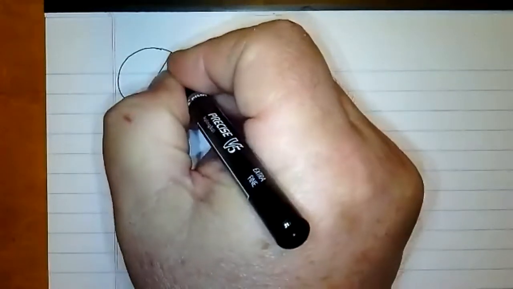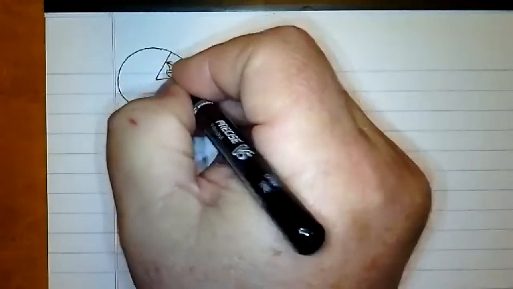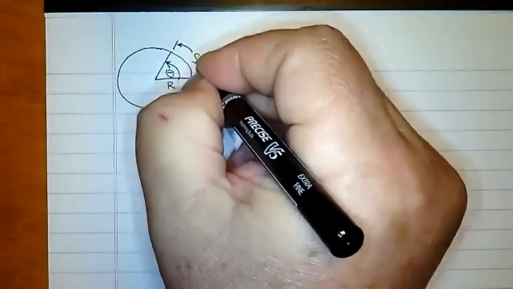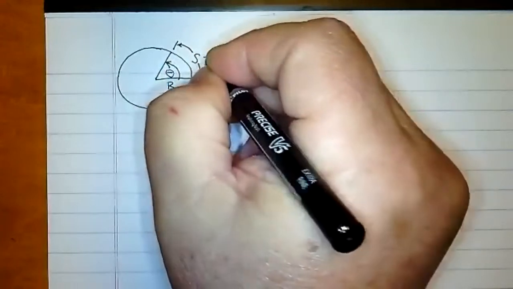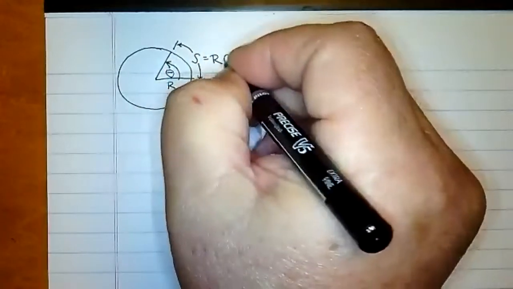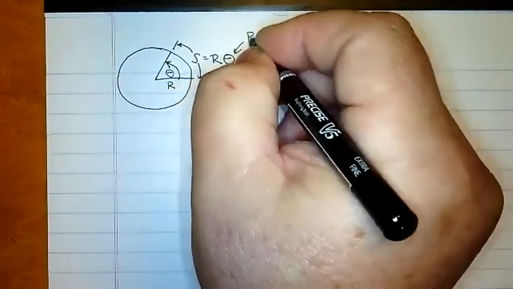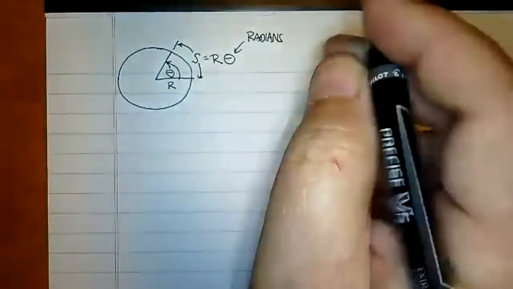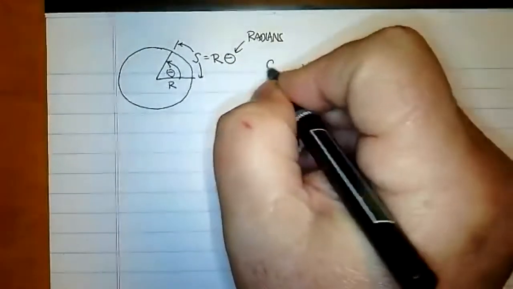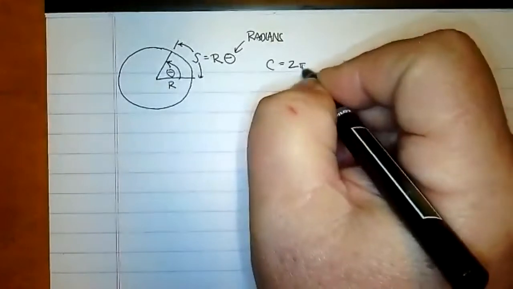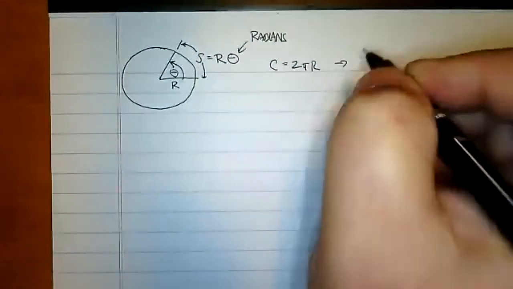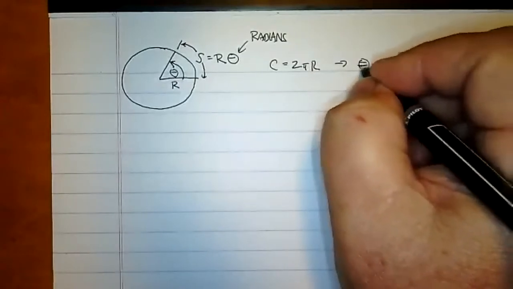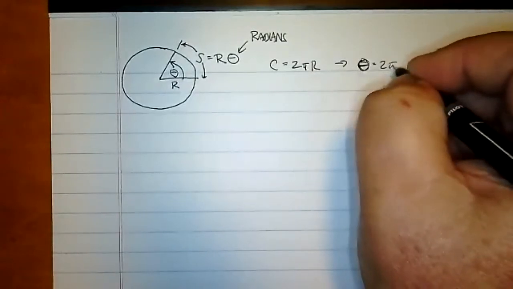If the radius sweeps out an angle theta, then this arc length s from here to here is given by r times theta, where theta is in radians. And obviously, you know that c, the circumference of the circle, is equal to 2 pi times the radius. So clearly, theta is 2 pi for a complete circle.